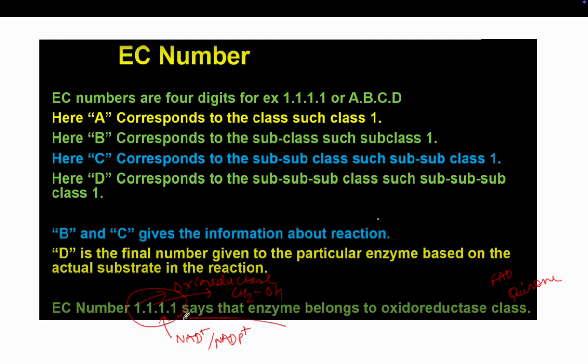1. And the third number, 1, refers to the subclass, that is what it is doing. It is doing alcohol dehydrogenase. So the reaction is dehydrogenase, that is, it is removing the hydrogen.